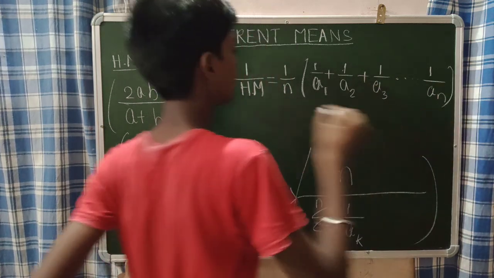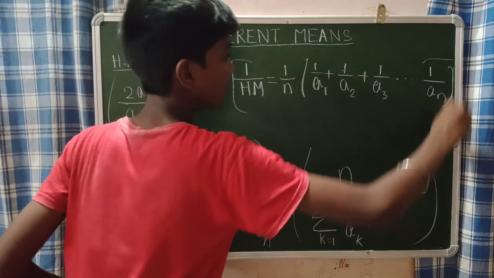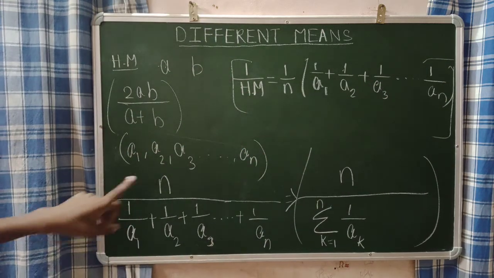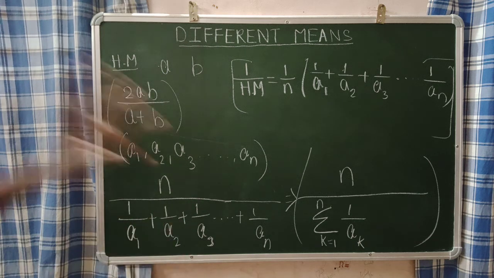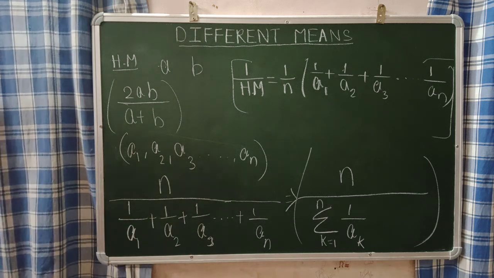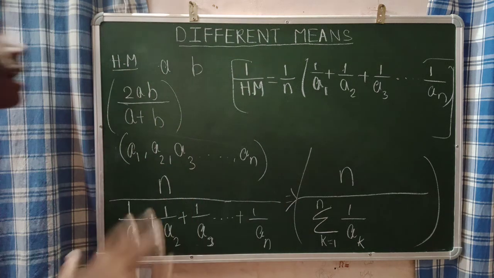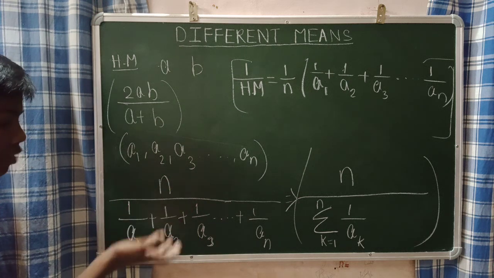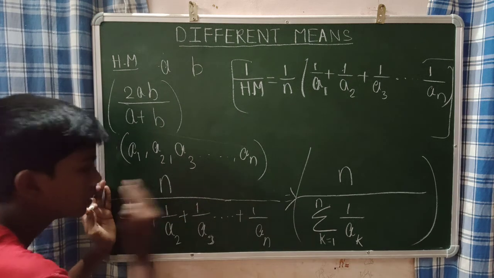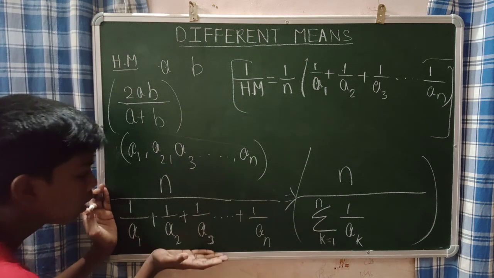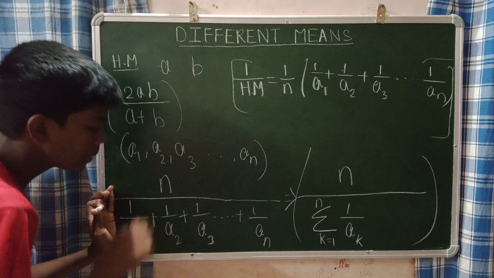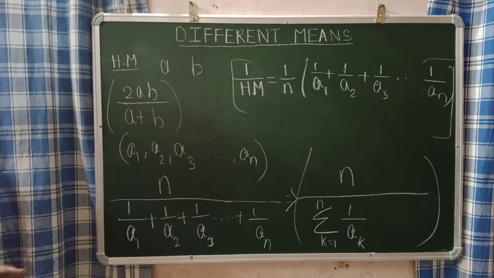Using this particular formula only I am saying that. If HM is equal to n divided by 1 by a1 plus 1 by a2 plus 1 by a3 all the way up to 1 by an, I can relate that 1 by HM will be equal to 1 by n into just the reciprocal. The reciprocal of this particular term is what? It is inverted. This will go to the numerator, that's what I wrote here, and n will become the denominator, that's what I wrote as 1 by n. Understood?